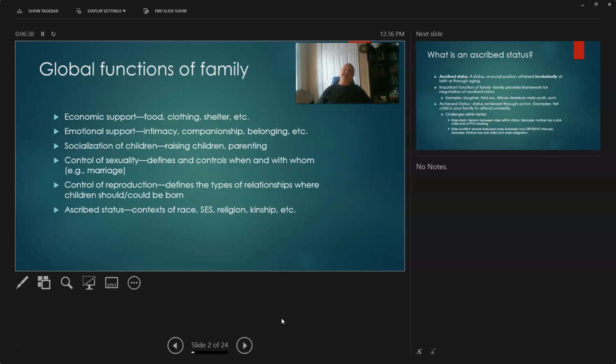And your family is both historically and for us as individuals the first place that this happens. So, context of race, socioeconomic status, religion, kinship ties are all ascribed statuses.